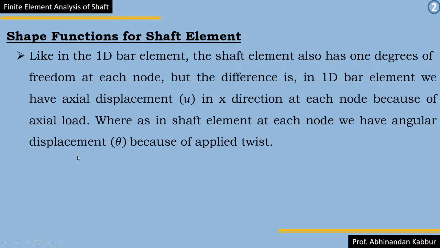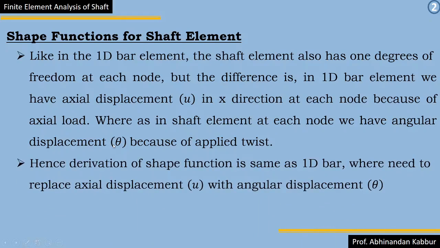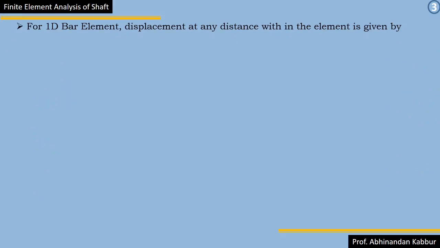Axial displacement we take as u, and angular displacement we take as theta. To derive the shape function, everything is the same, only u is replaced with theta in the case of a shaft element. That is what I am showing in the next slide. In a bar element, the displacement at any random distance is given by u equals u1 n1 plus u2 n2.